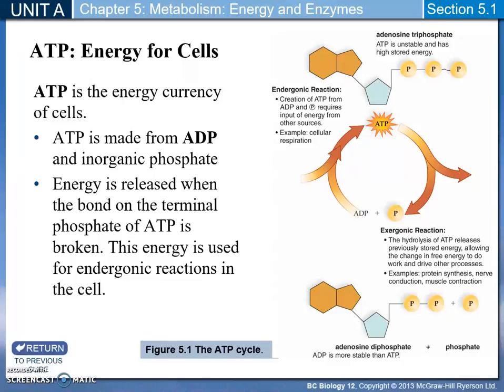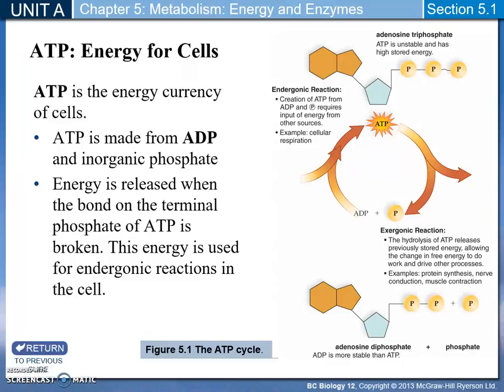So the terminal phosphate is released, and then energy is given off by that taking place. This energy is then used for endergonic reactions in the cell. And they have a diagram there for you as well, which illustrates that quite nicely.